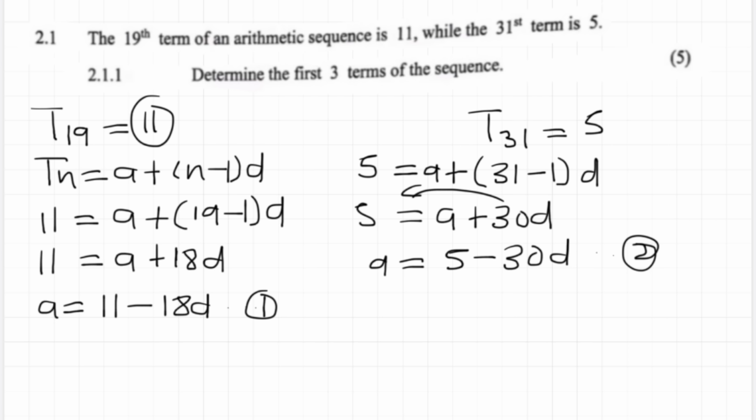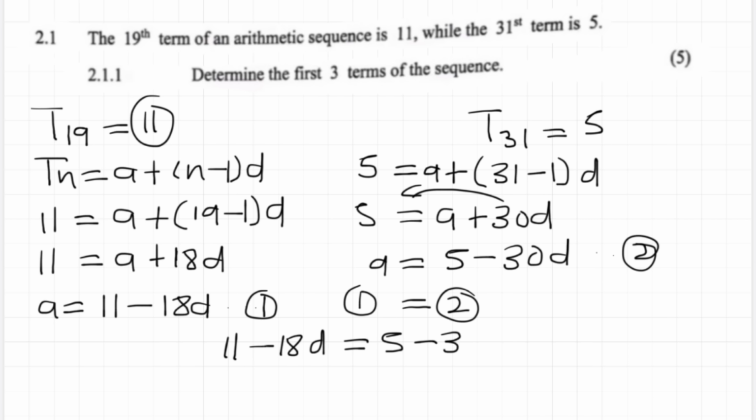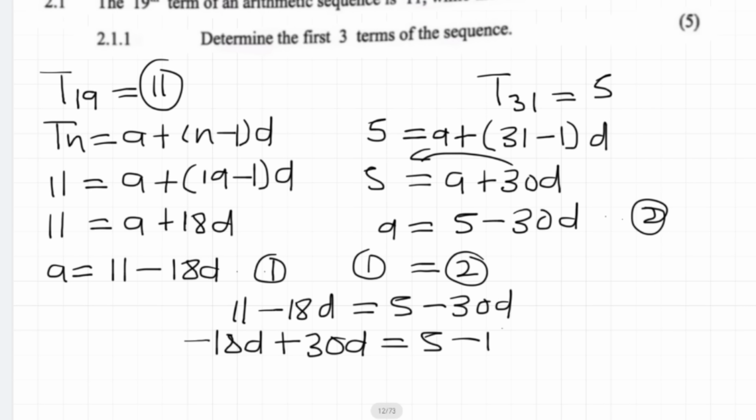So both of these equations are equal to a, so we can equate equation 1 and equation 2. Equation 1 is 11 minus 18d, which is equal to 5 minus 30d. We can group the like terms here. What I like to do is take the 18d, and the 30d becomes positive 30d here, and then take the 11 to the other side.